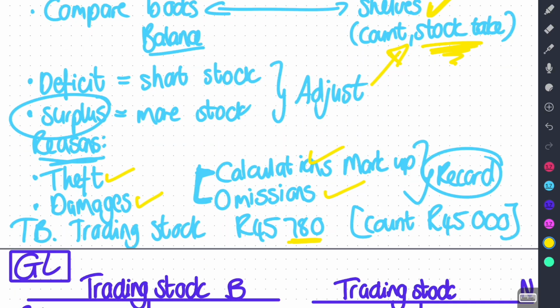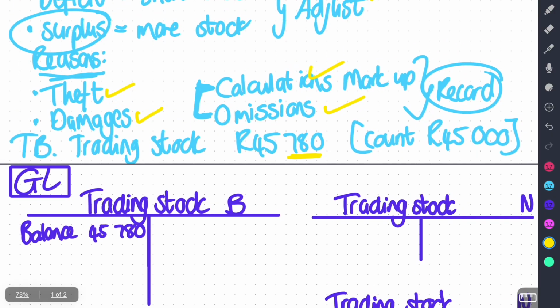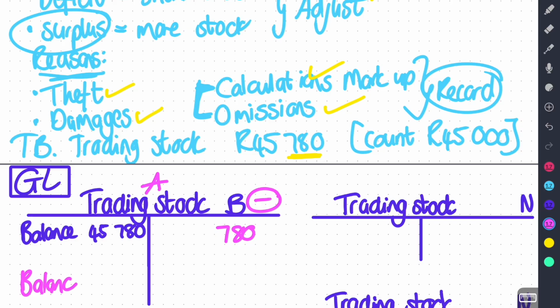Let's take a look at the general ledger. What's going to happen there with the 780 Rand? I need to take it out of trading stock. Trading stock's an asset and it decreases on the left. So that my new balance, when I balance it properly, comes to 45,000, which is exactly what I want. I want what I counted in my books.